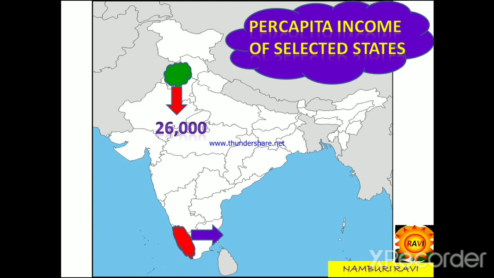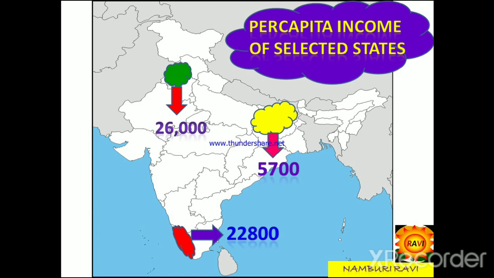But in Kerala, the per capita income is 22,800 rupees, and the lowest per capita income is found in the Bihar state, that is only 5,700 rupees. It is easy to understand why Punjab and Kerala have more per capita income than Bihar.